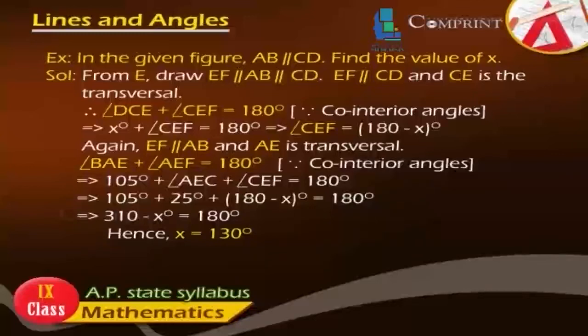Implies 105 degrees plus 25 degrees plus 180 minus x degrees is equal to 180 degrees. Implies 310 minus x degrees is equal to 180 degrees. Hence, x is equal to 130 degrees.